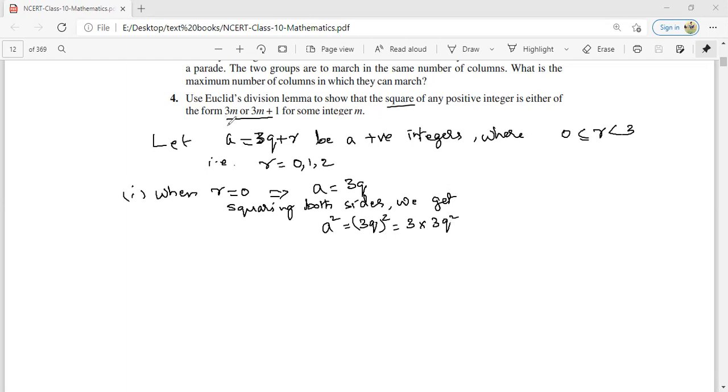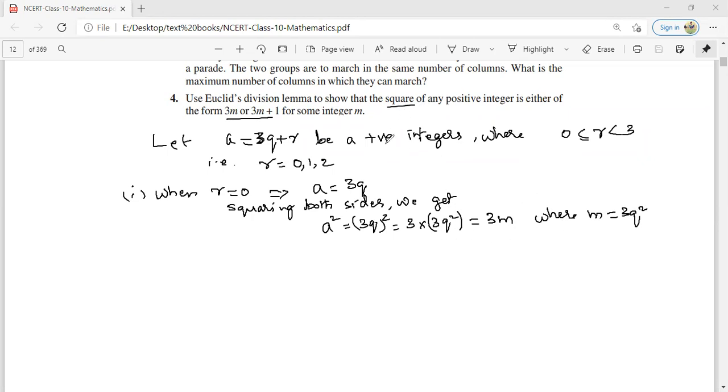Now we have to write it in the form of 3m or 3m plus 1. So we can replace 3q square by m, so it can be written as 3m, where m is equal to 3q square.